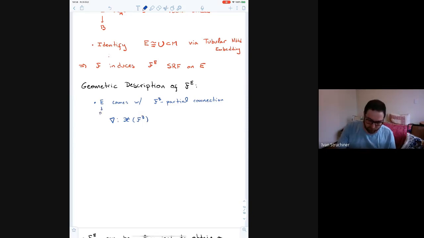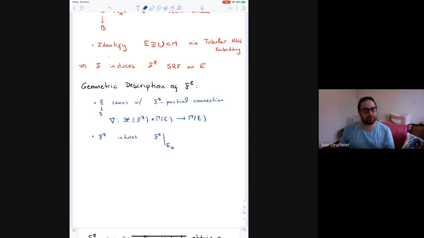So this is a vector bundle over B, and a section is a V. Also, the foliation you have on E induces foliations on each fiber E_b. And so you can describe the foliation F_E just by knowing the two data above.